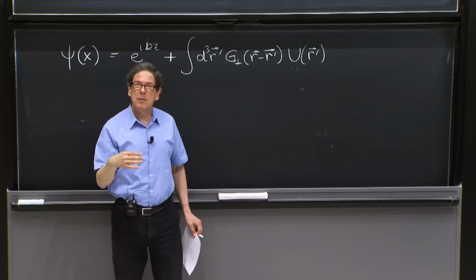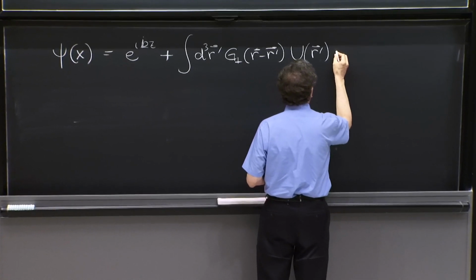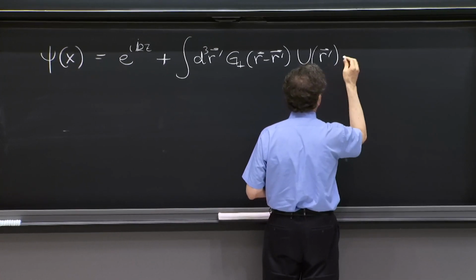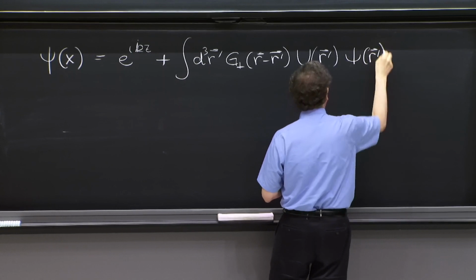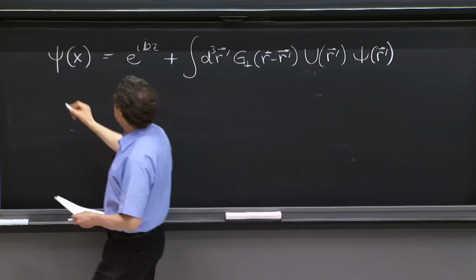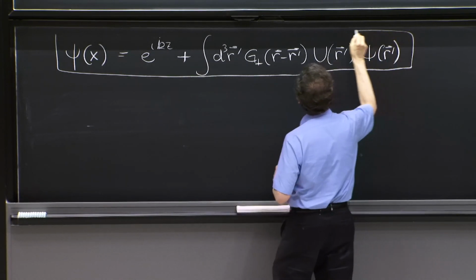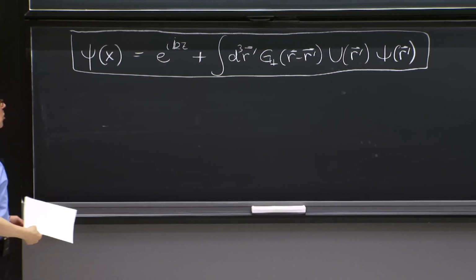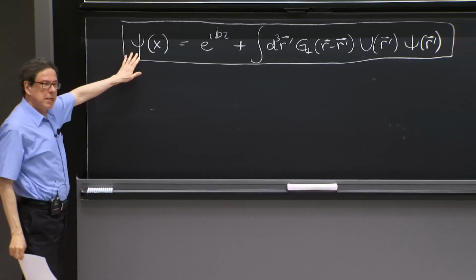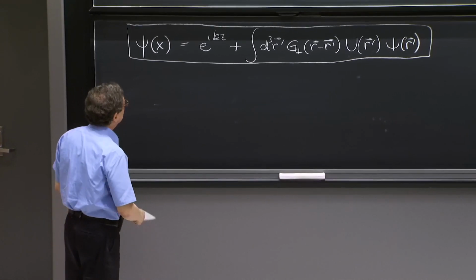Remember that V was defined to be equal to the potential up to some constants, h bar squared over m. And we had this integral equation where one could show that psi satisfies the correct Schrödinger equation.